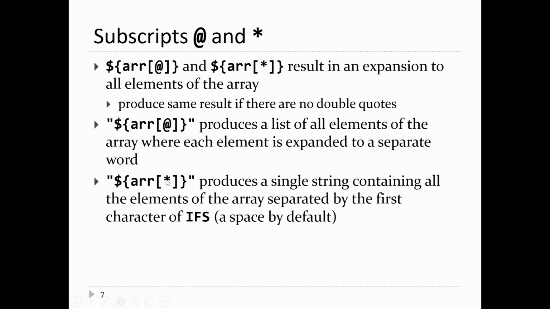If you use the quotes with the star, that gives you one string, right? One string where all the elements of the array are in that string. Right? You get back one string. Right? The @ version gives you back a list, right? So it gives you back multiple strings, right? And up here, you also get back multiple strings, but you're not inside the double quotes, right? And remember, the double quotes prevent white space breaking, right?